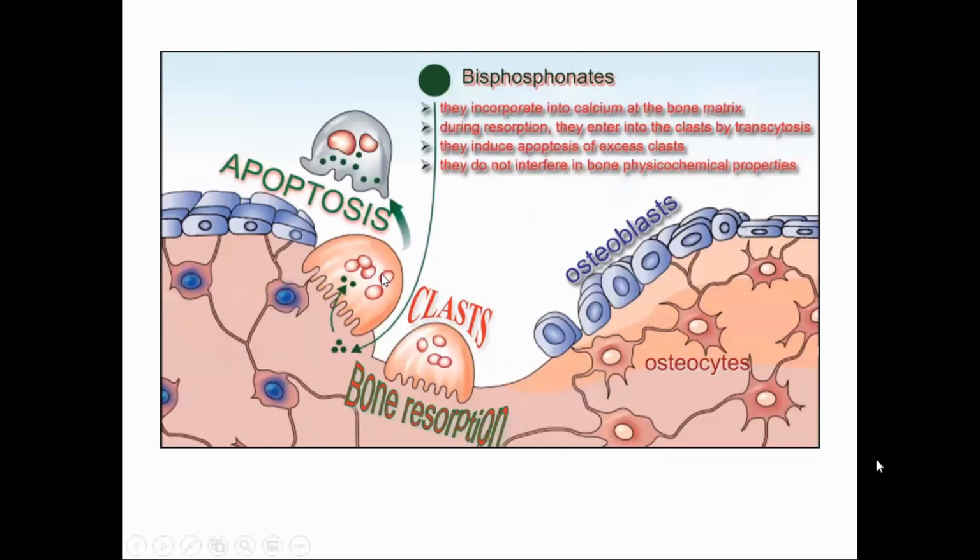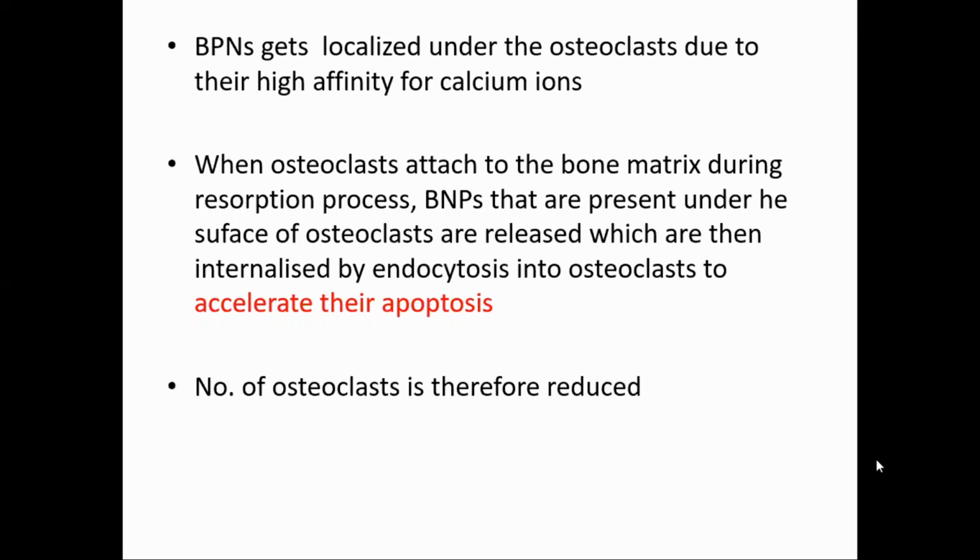So it causes the death of the osteoclast, thus decreasing the number of osteoclasts, and hence the bone resorption process gets decreased.